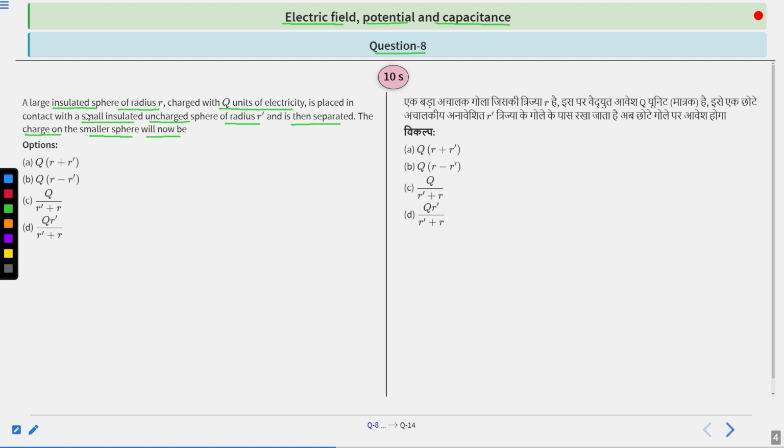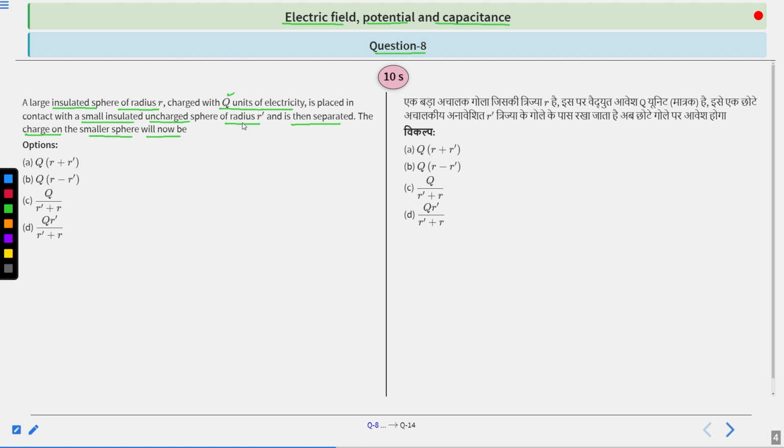So this question says that an insulated sphere of radius r is charged with q, and it is placed in contact with a small insulated uncharged sphere of radius r prime.